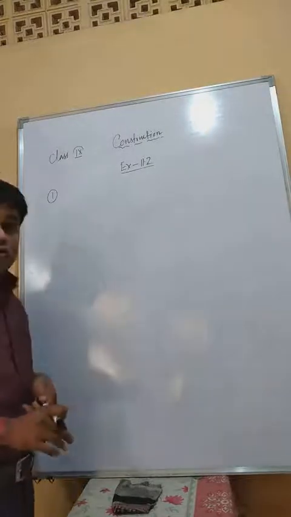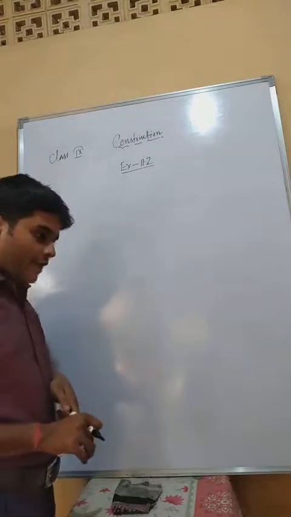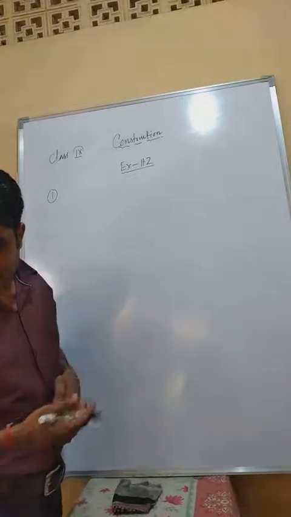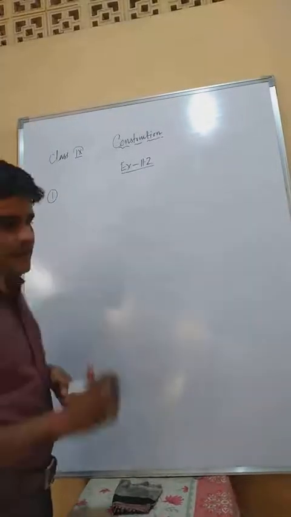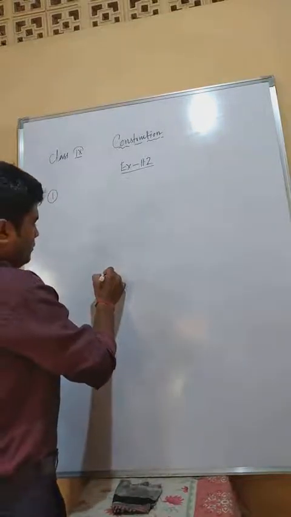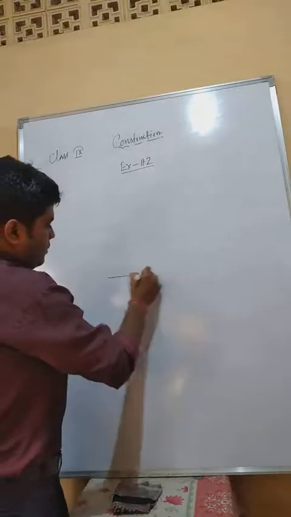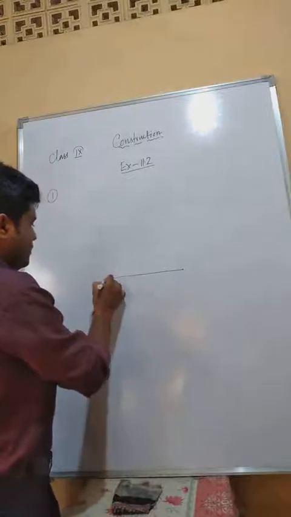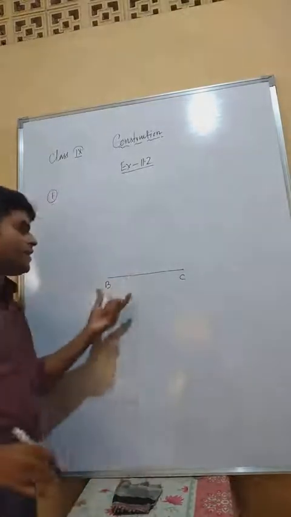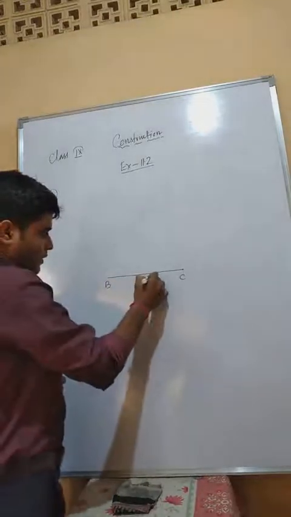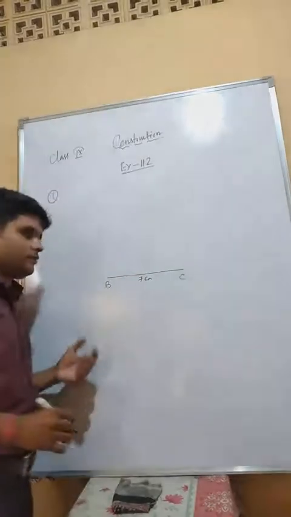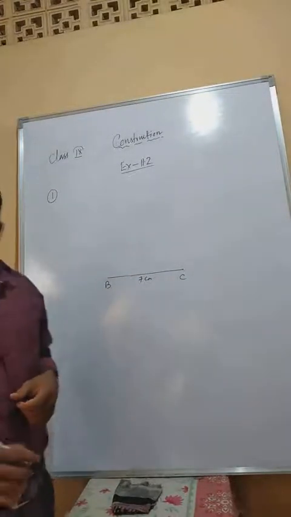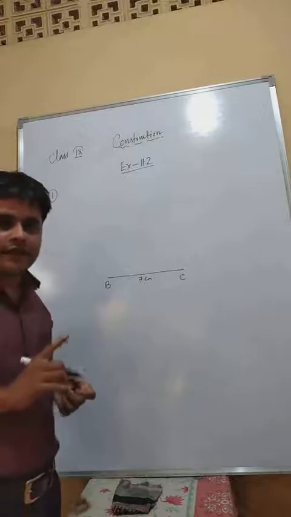So how to draw the triangle? You see, base is given, so you take a line segment of length 7 centimeter. Suppose this BC is 7 centimeter, by scale you can take. After this, at B is 75 degree given.